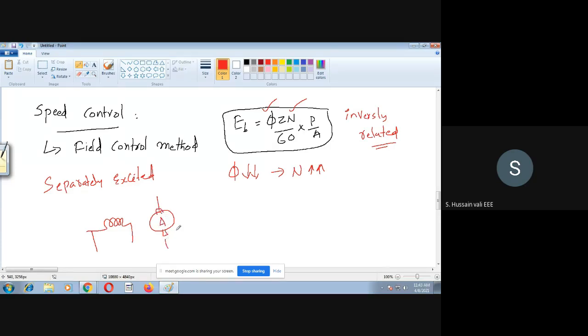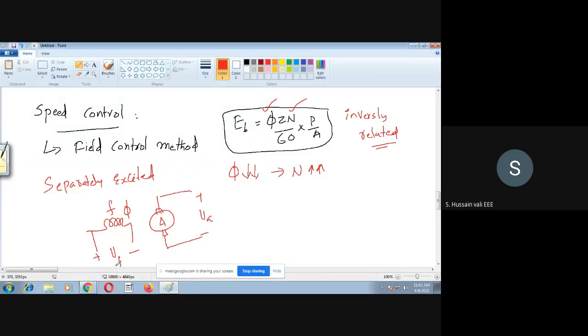Both are from different supplies. So your field is there, your armature is here. Controlling the flux from this field winding can control the speed, from this mathematical equation, as both have an inverse relationship.